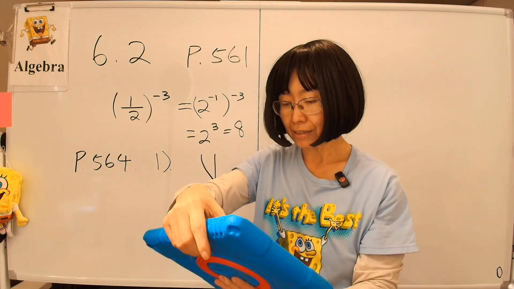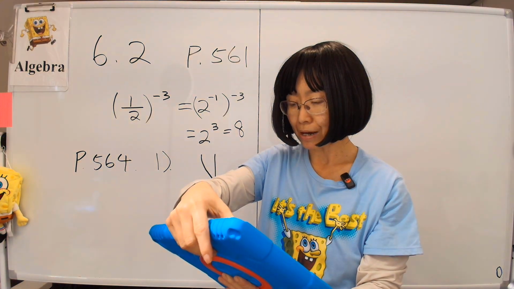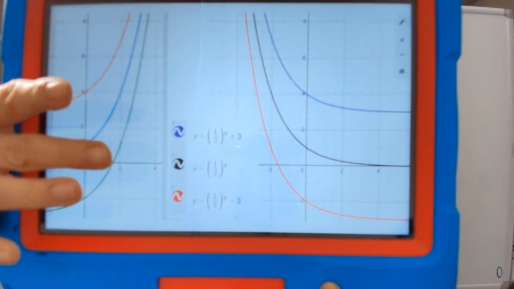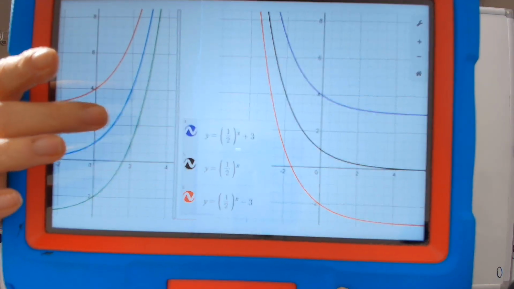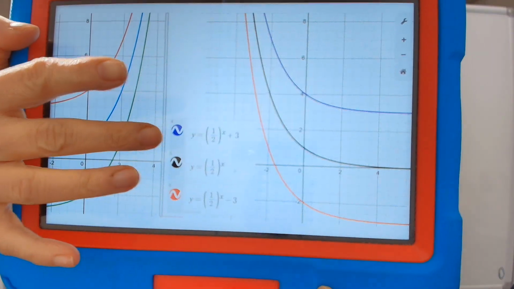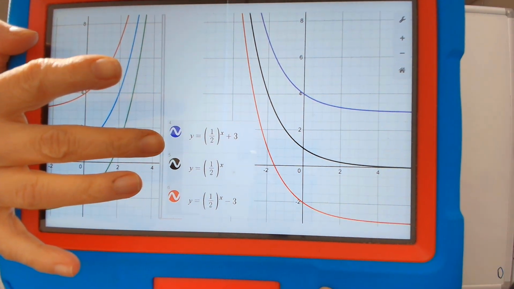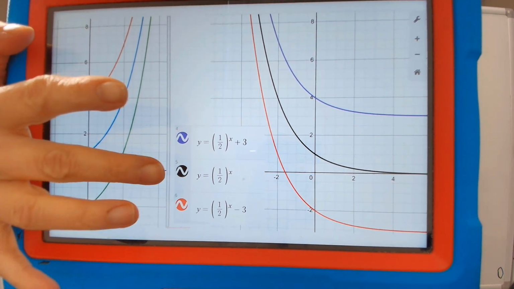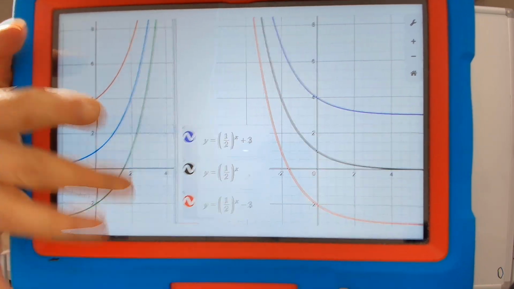And similarly, the 1/2 power is the same way. If you want the decaying graphs, they look just like the other one, except that you have a fraction in the base. So once the base is less than 1, you have a decaying graph, and you just type it in. See, there is the middle one, and +3 and -3.